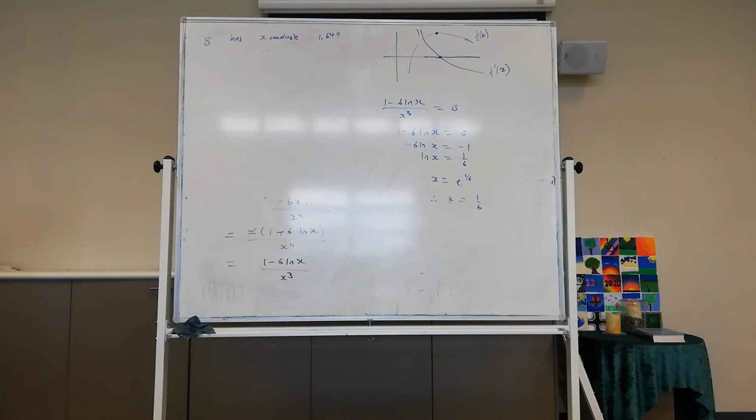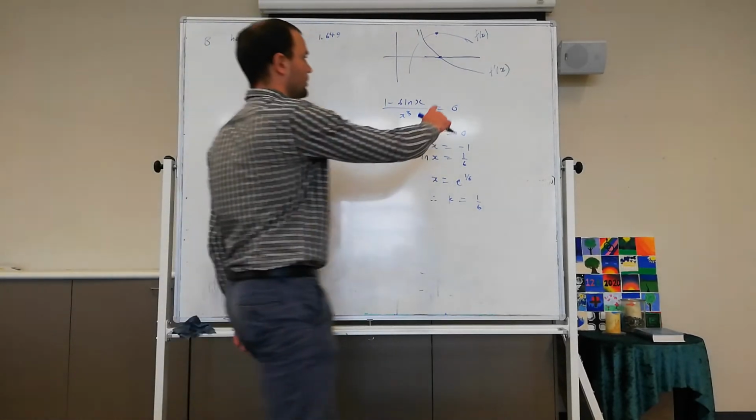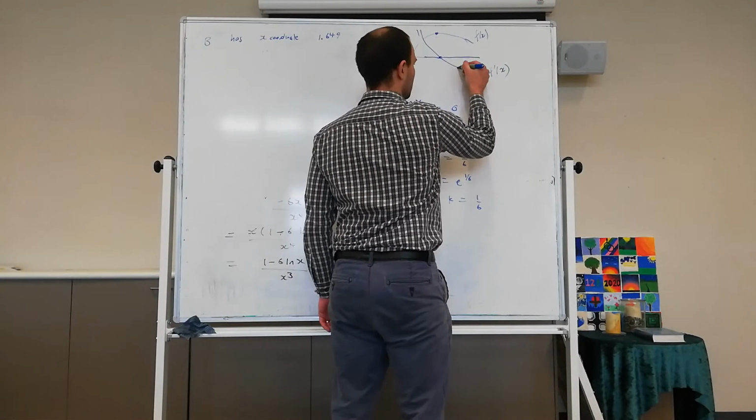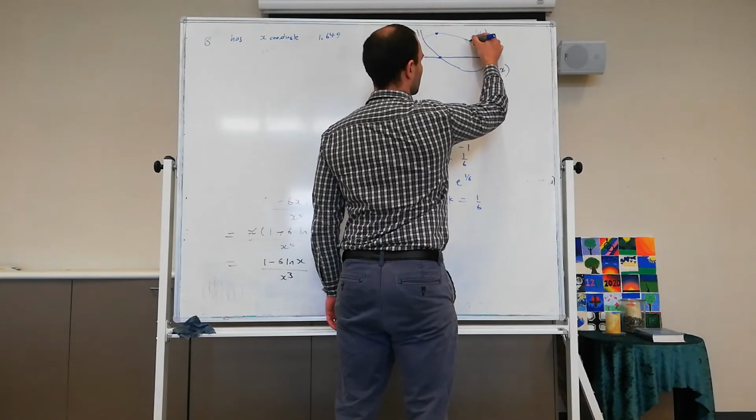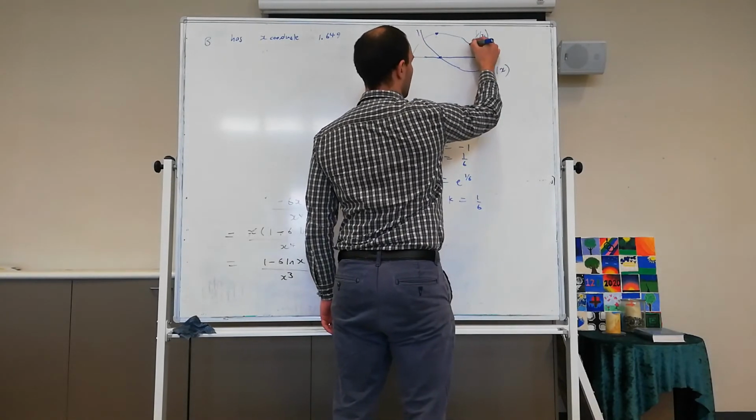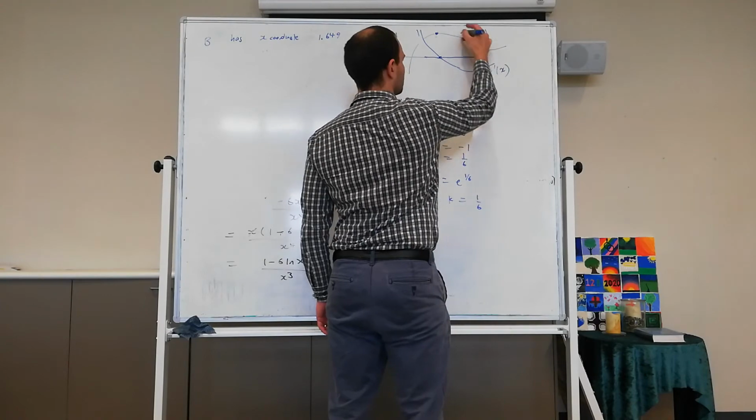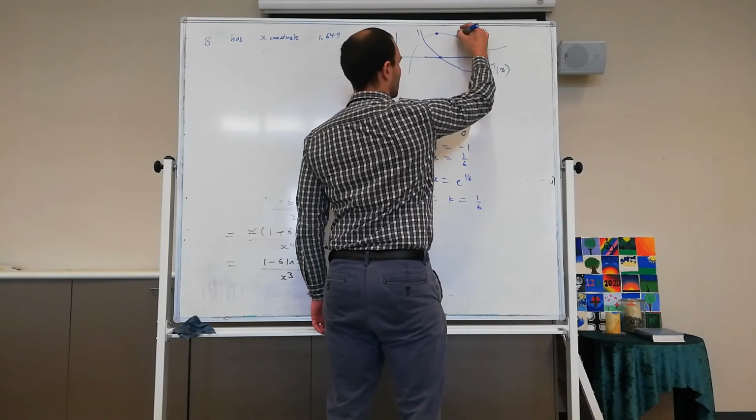Hence, or otherwise, find the x-coordinate of the non-stationary point of inflection on the graph of f dash of x. Now this is one of the relationships we've spoken about, and I'll emphasise it here. It's going down like that.